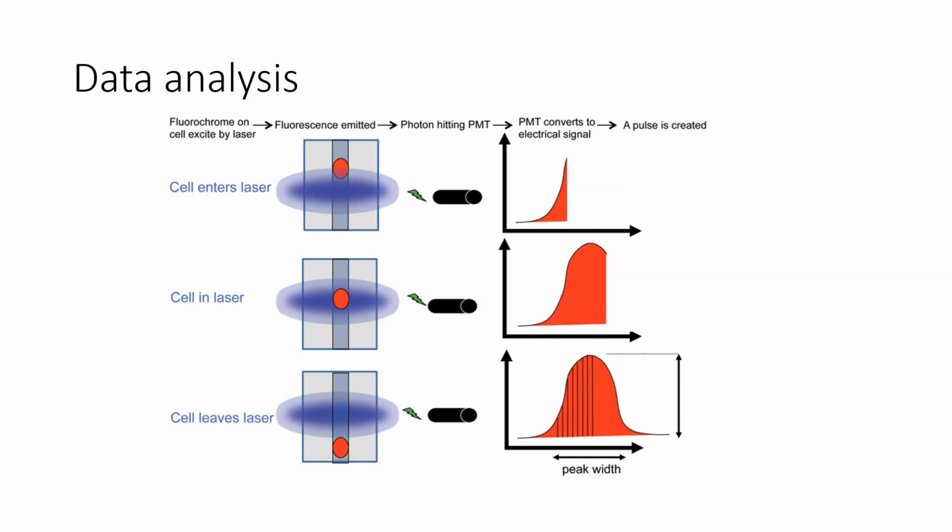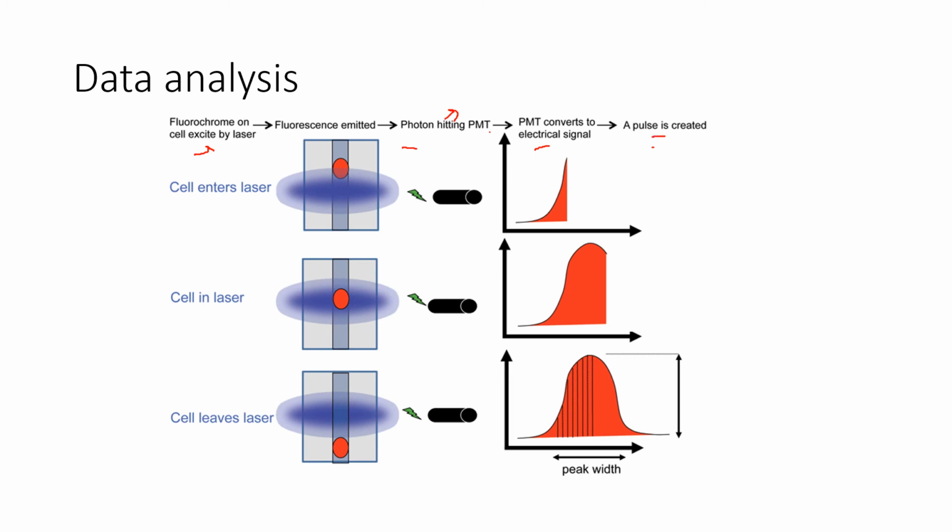In flow cytometry, whenever a cell passes through the laser light, a voltage pulse is generated. The fluorochrome is excited by the laser light and emits photons, and the photons hit the photomultiplying tube. It is a detector, and the photomultiplying tube converts this into an electrical signal. This electrical signal travels to the amplifier and is converted into a voltage pulse.